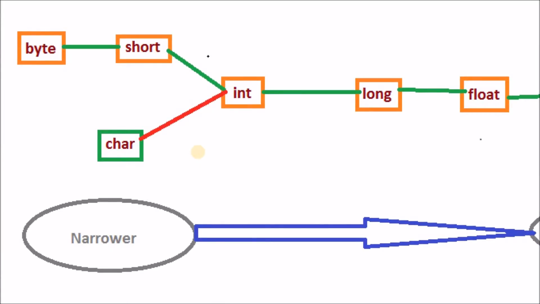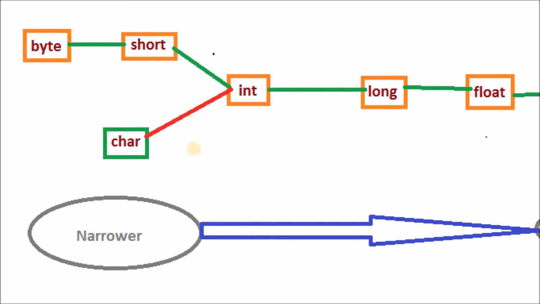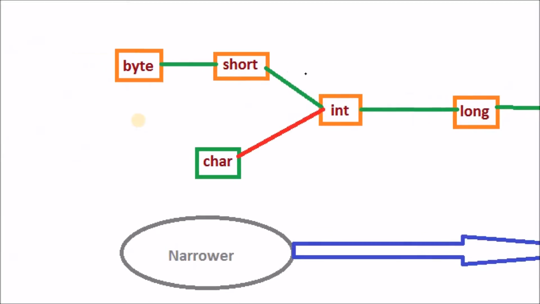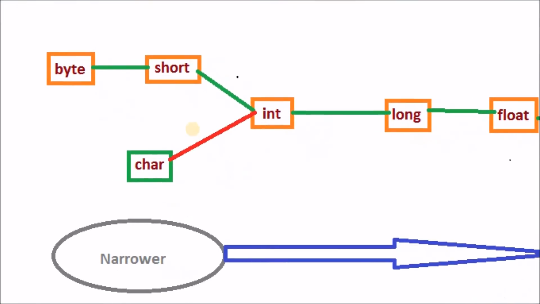Here all the left side ones are narrower types, and right side ones are broader types. Remember this diagram.